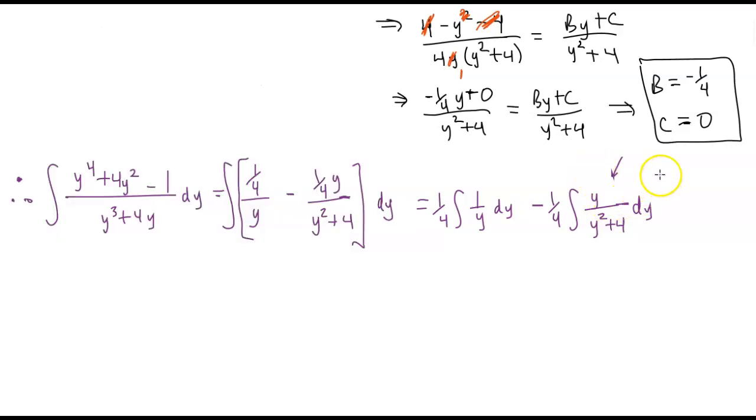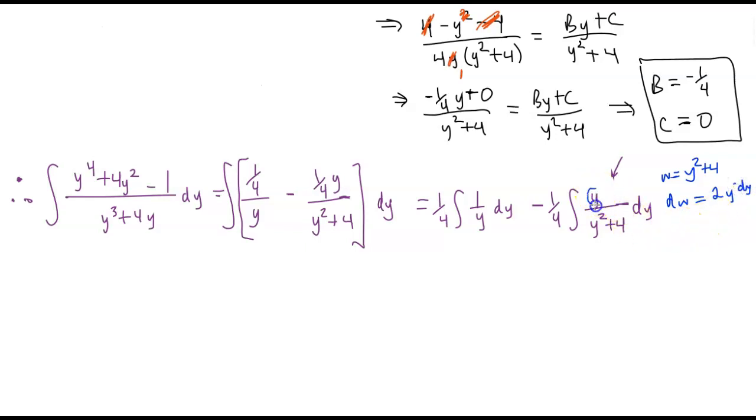So we'll go ahead and do that. In this case, let W equal y squared plus 4. So if we let W equal y squared plus 4, then that means that dW is going to end up being 2y dy.